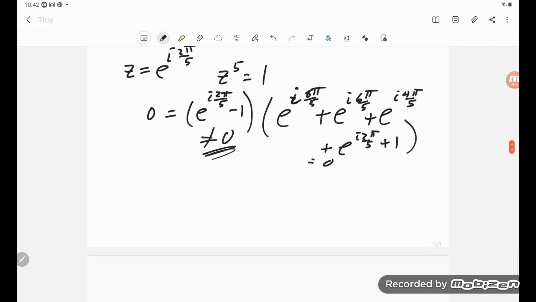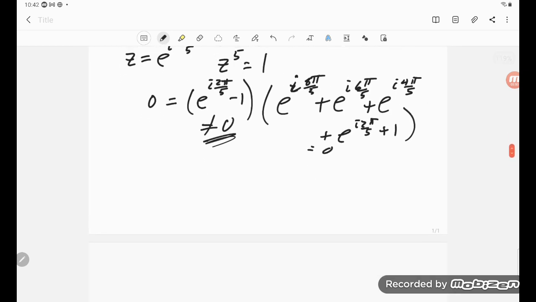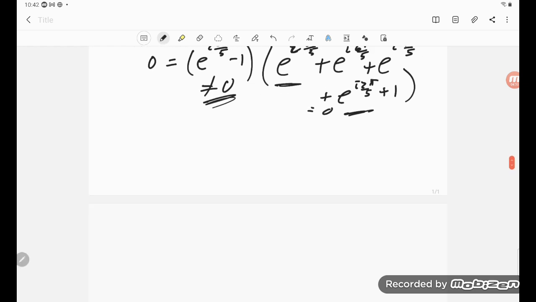And so further, as I look at these numbers, some things to notice here. If we got up to e to the i 10 pi over 5, that would be back to 1, and of course that would be z to the fifth and all that. But let's look at these two things here.